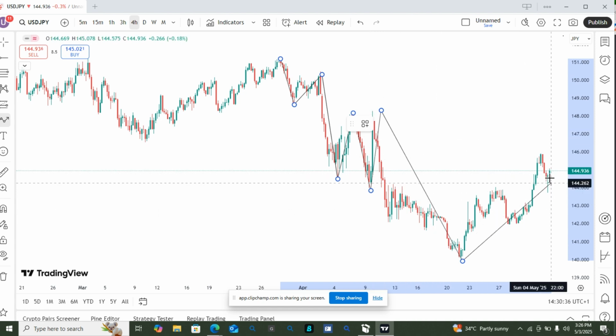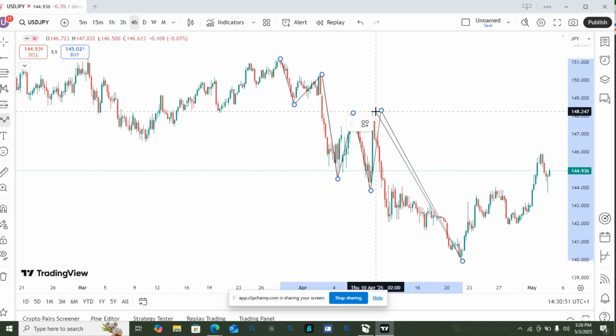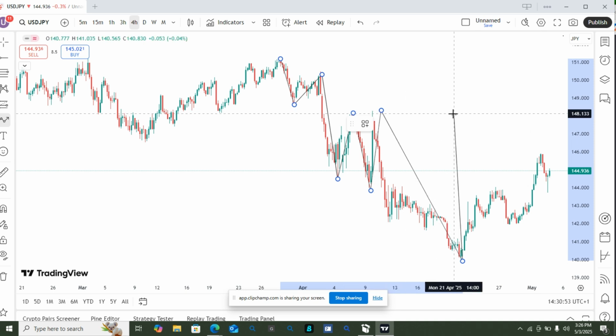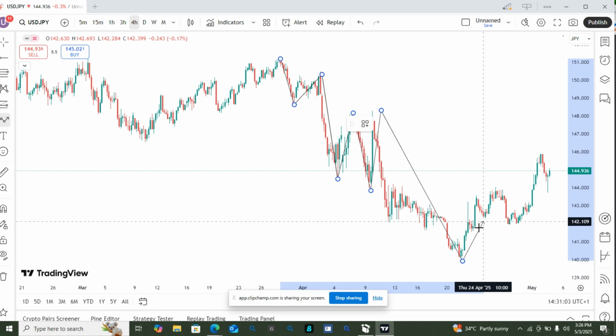I'm seeing this pin bar and bullish engulfing here, signifying that price wants to move up. But definitely we watch out for price action on the 15 minutes time frame, because this was the last high. It was only when price takes out this last high that I'll start thinking of buying USD JPY. Currently, I'm looking for a sell, because on the 4-hour time frame we are still bearish. All these things that happen here are internal market structure.